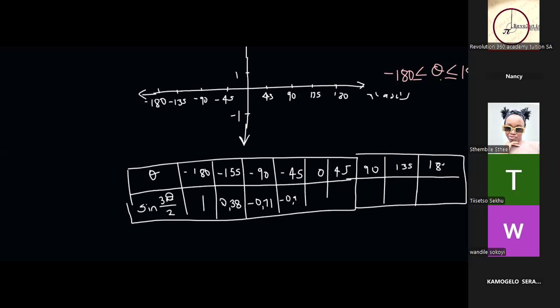The one for 45, I think it's 0.92. The other one for 90 is 0.71. Write 0.71 here. Then the one for 135 is gonna be minus 0.38. And lastly, the one for 180, we're gonna get -1.